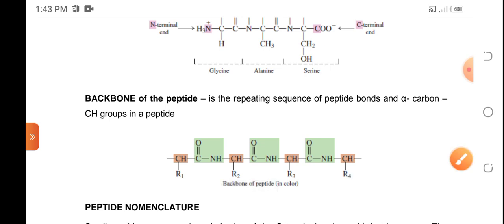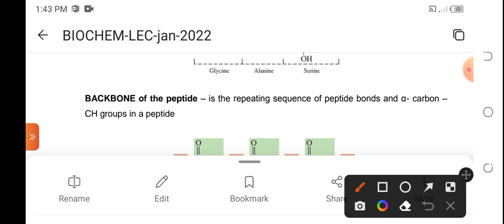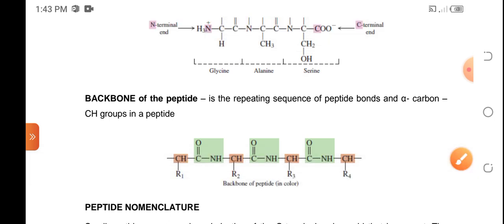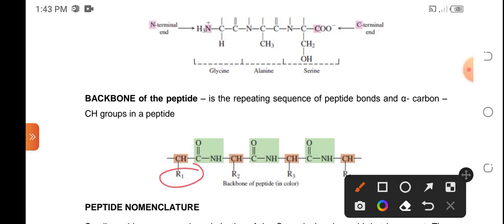Okay. So, ang nag-iiba lang actually dito sa ating structure is the identity of the side chain or the R, that depends on the identity of the amino acid, of course.